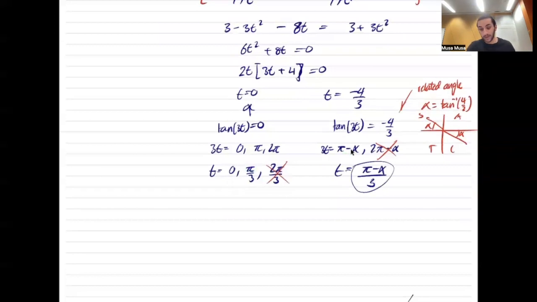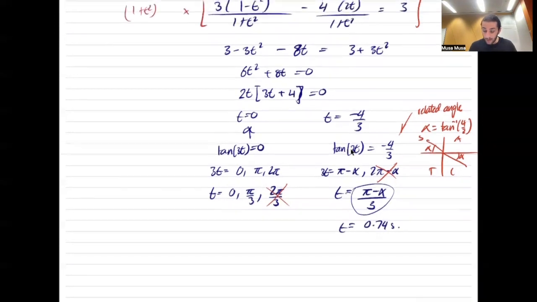Okay. So let's find out what that value is. So that's pi. Let me use the calculator again. Pi minus tan inverse of 4 on 3, all over 3. This should equal 0.74 seconds.